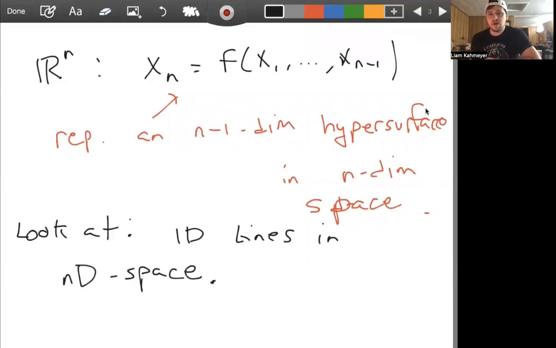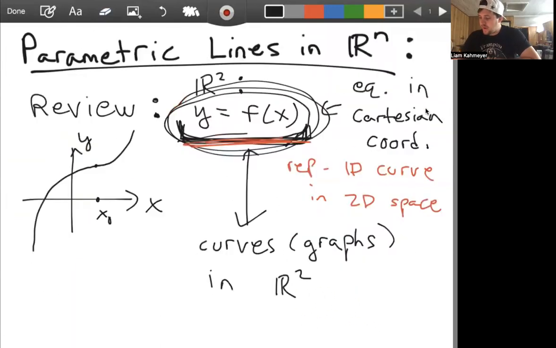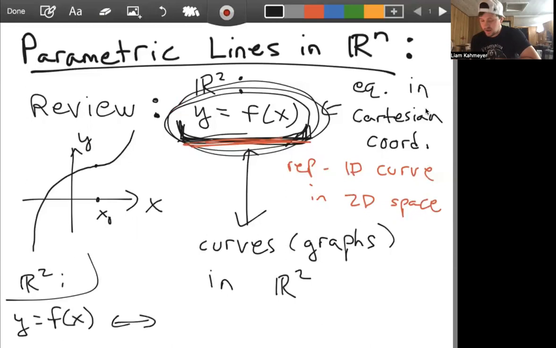Okay, so how do we understand lines? Well, again, to look at the big picture, there are many ways we can understand the same curve or the same surface. If you've taken Calc 3, for R2, we can understand the same function, y equals f of x, as being parameterized, so you would have x of t, y of t.